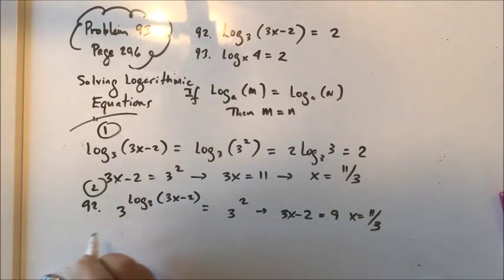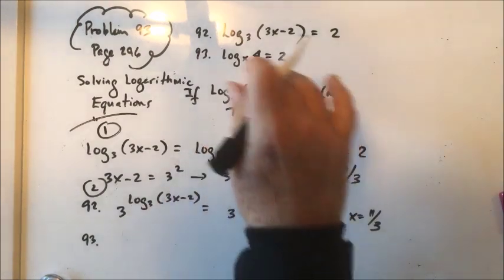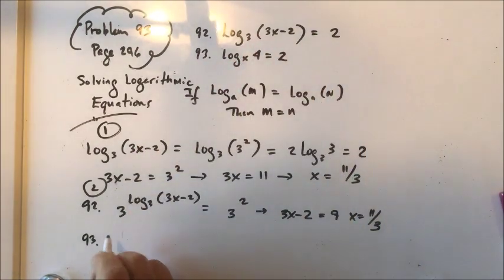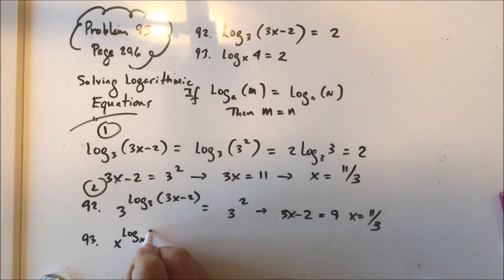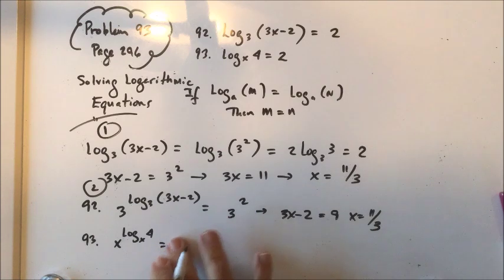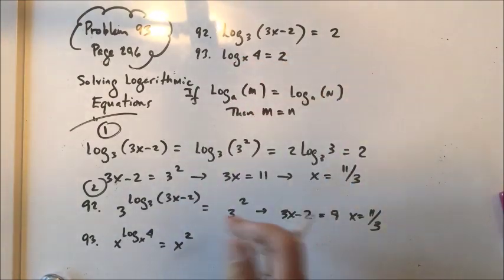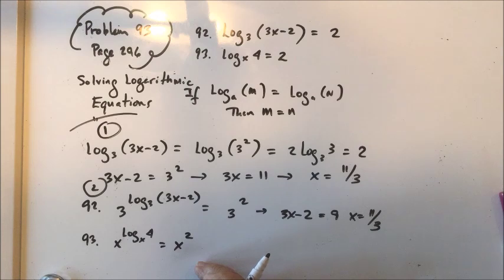Okay, we're going to do problem 93 exactly the same way. Now we've got log base x of 4 is equal to 2. If I raise both sides up as exponents on x, the left-hand side is an exponent on x, and the right-hand side is an exponent on x.